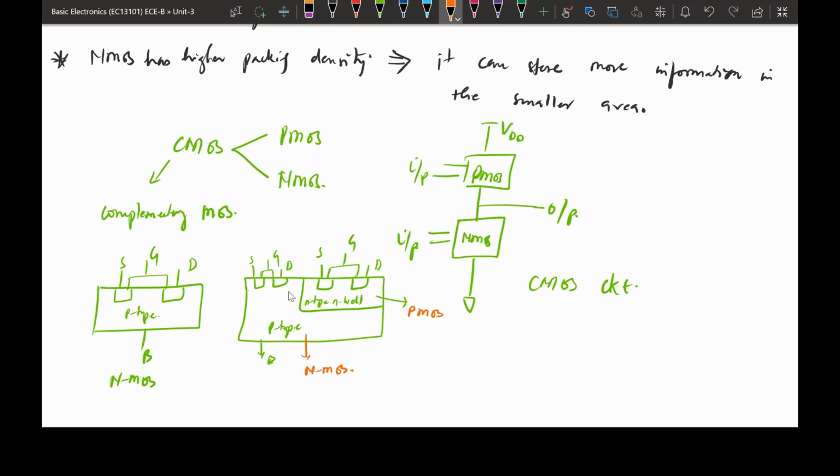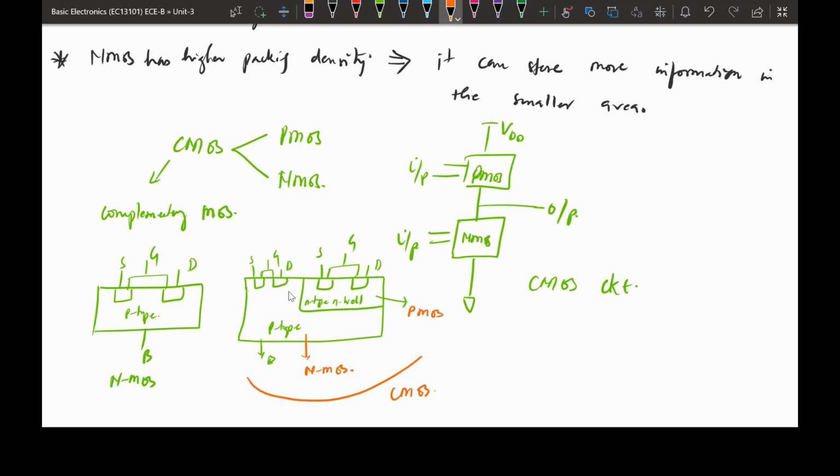This combination is called CMOS, and this single one is called either PMOS or NMOS. PMOS and NMOS can be fabricated on the same substrate. This is called the CMOS technology.